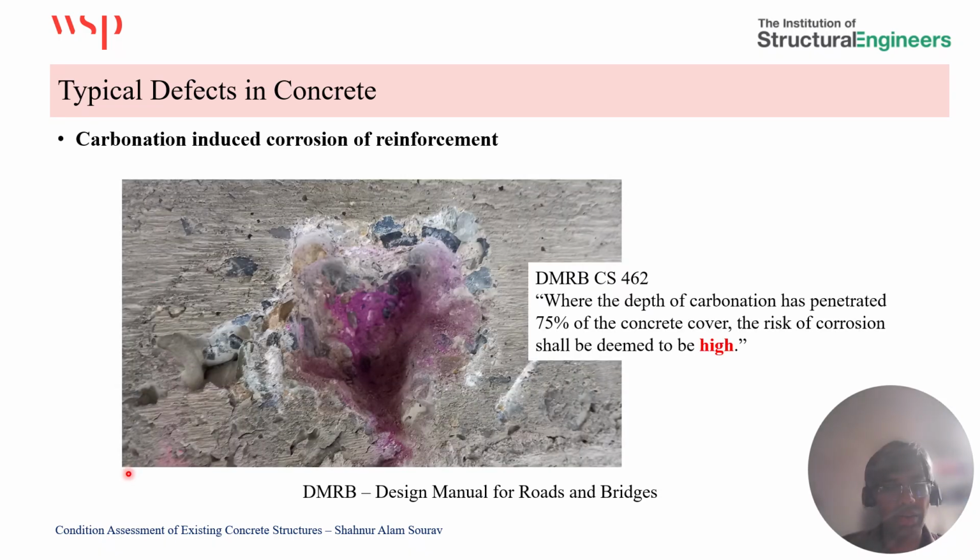According to the DMRB standard, which is the standard that National Highways use here in the UK, one of the standards, CS 462, says where the depth of carbonation has penetrated beyond 75% of the cover concrete, the risk of corrosion shall be considered to be high.